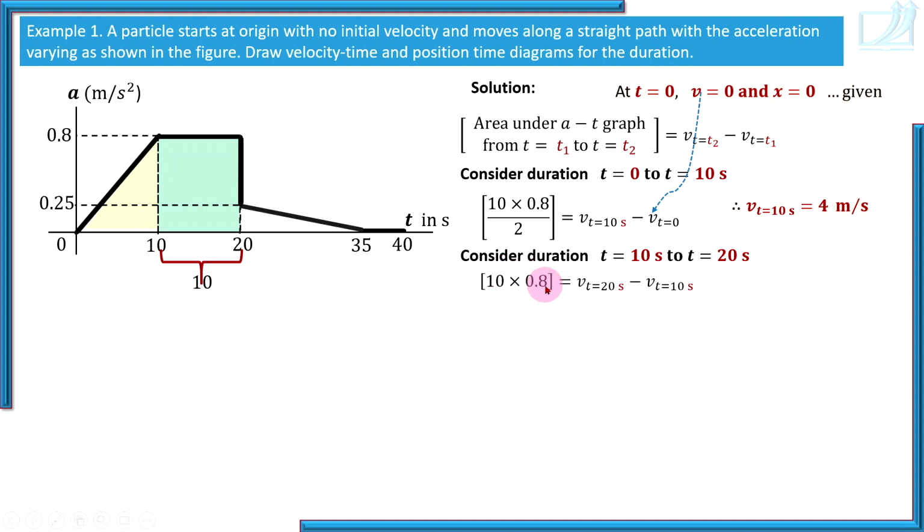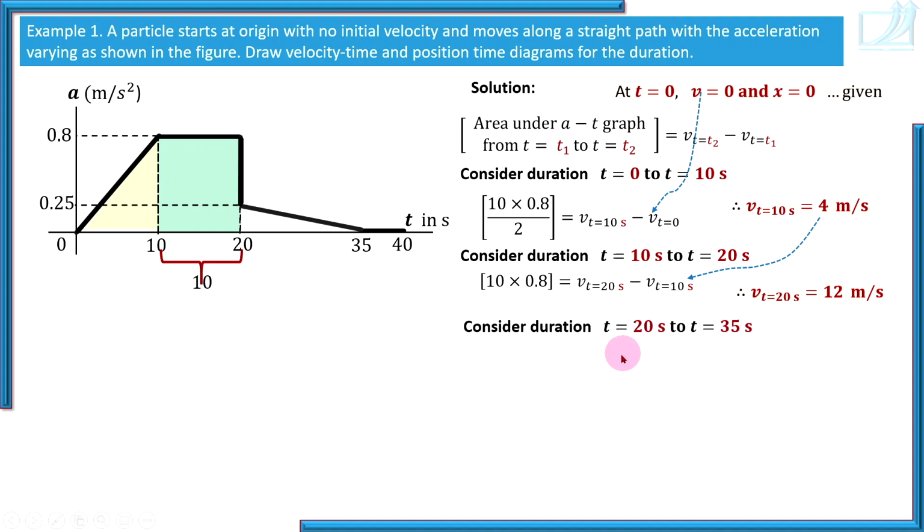So 10 into 0.8 is equal to the final velocity in this interval, that is velocity at t equal to 20 minus velocity at t equal to 10 seconds. So we are using this formula only to find velocity at important instants. So put t equal to 10 seconds, velocity as 4 meters per second, and you will get the answer. So velocity at t equal to 20 seconds is 12 meters per second.